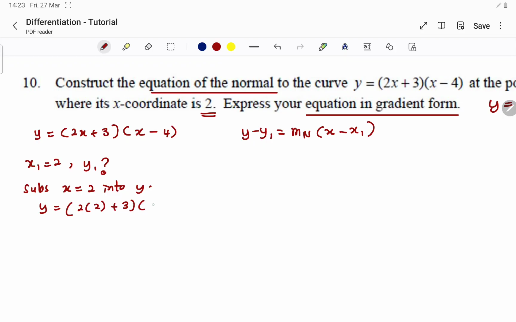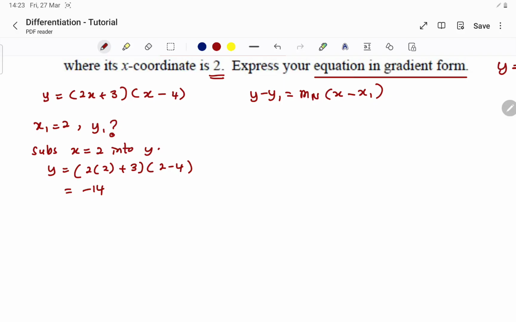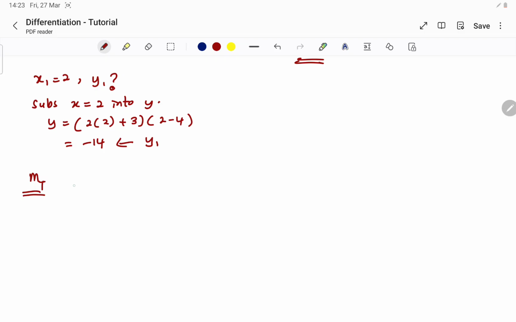In total you will get y becomes negative 14. Use a calculator if you feel it is complicated, but this one is easy to calculate. And now we already have y1. Then we have to find mn. To find mn, you have to find mt first. To find mt, you differentiate, so find dy/dx.